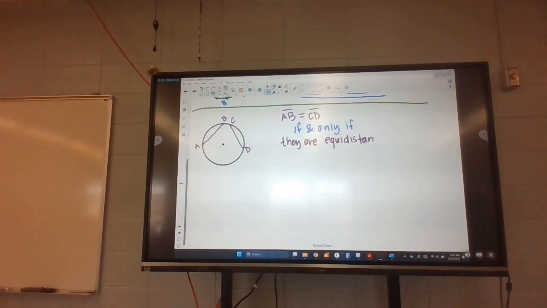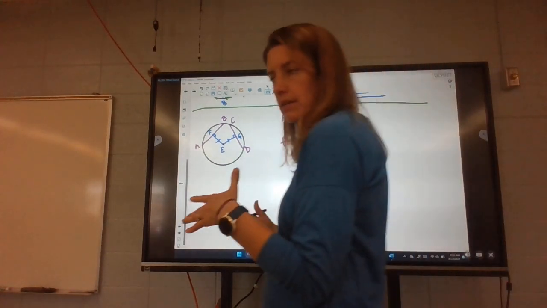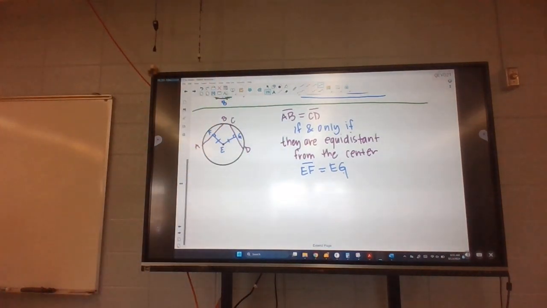I've used this word before: equidistant just means the same distance. So those two chords are going to be the same length if they're the same distance from the center of the circle.